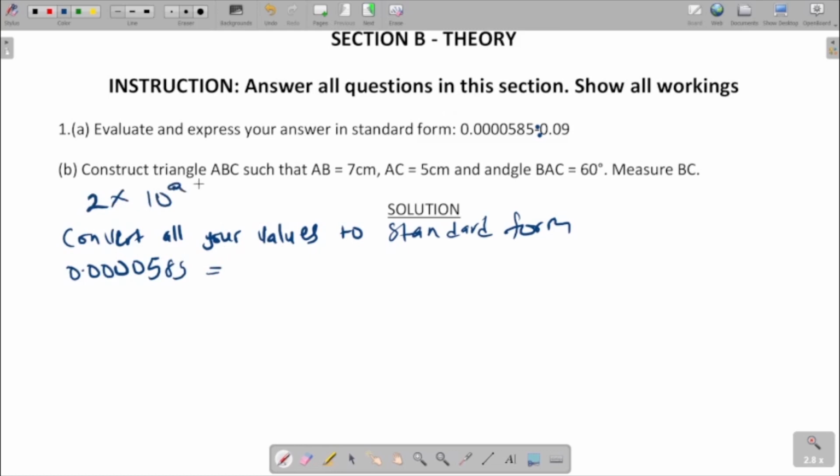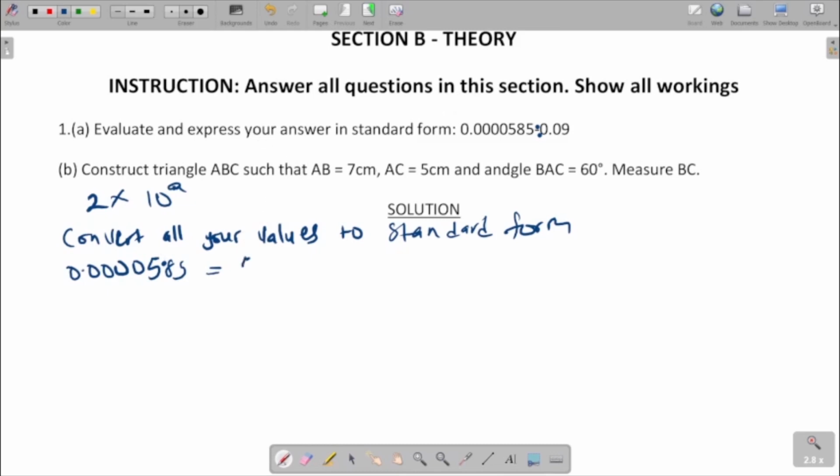It can be 10 raised to the power 1, 2, 3, and so on. So we want to find a way to bring this dot to this point, that is, we have 5.85 times 10 raised to the power something.